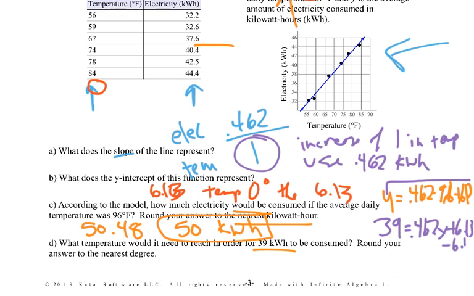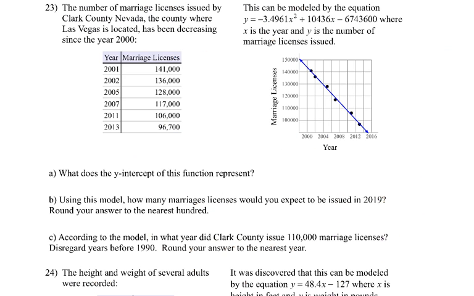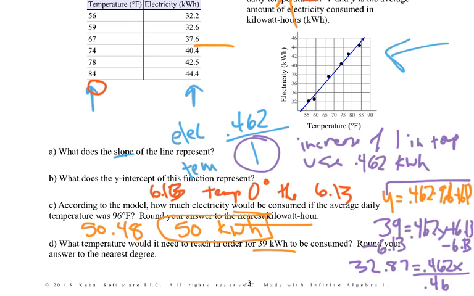So I subtract 6.13 from 39, giving me 32.87 equals 0.462x, divided by 0.462. Oops, hit my arrow there.